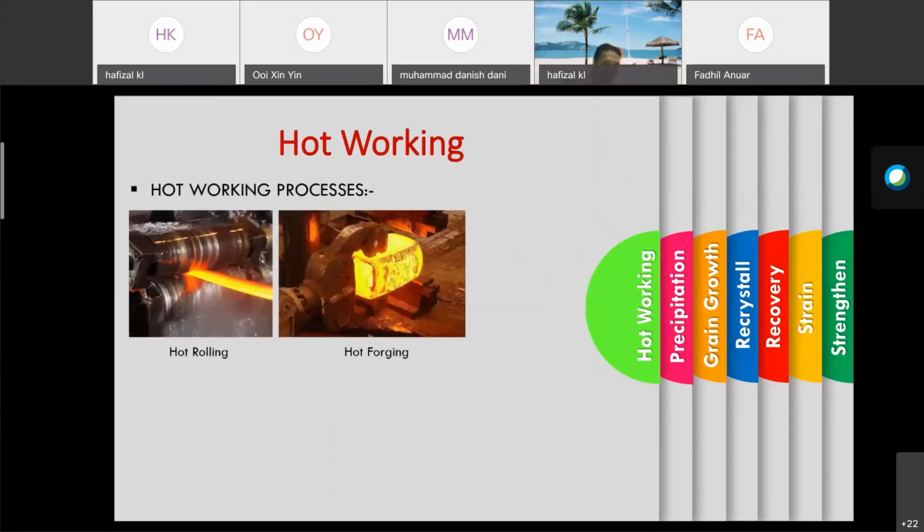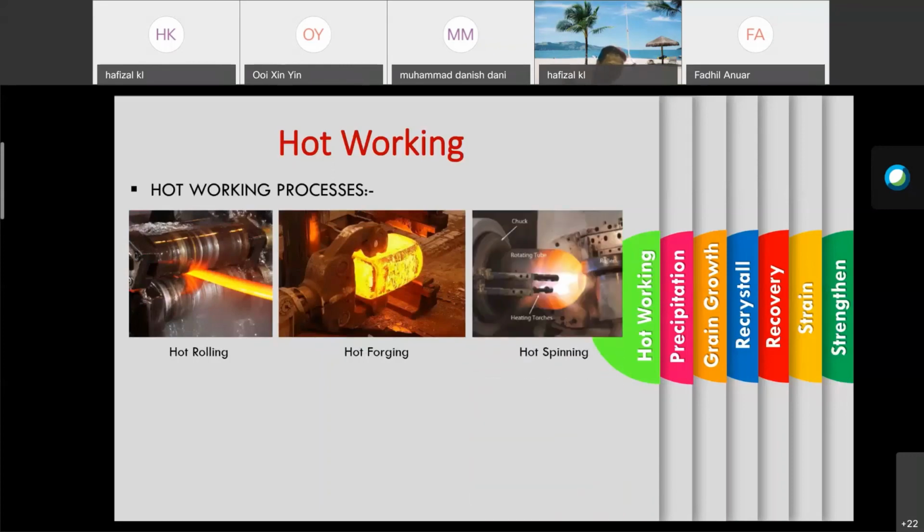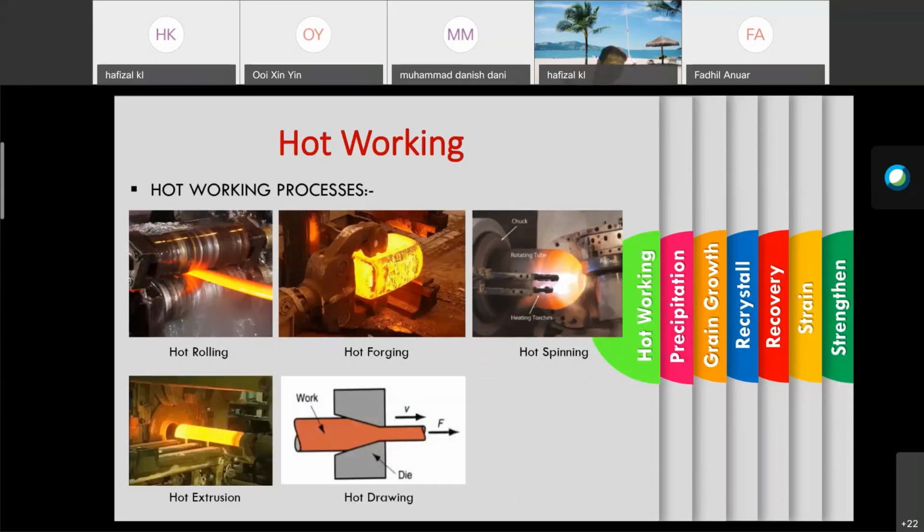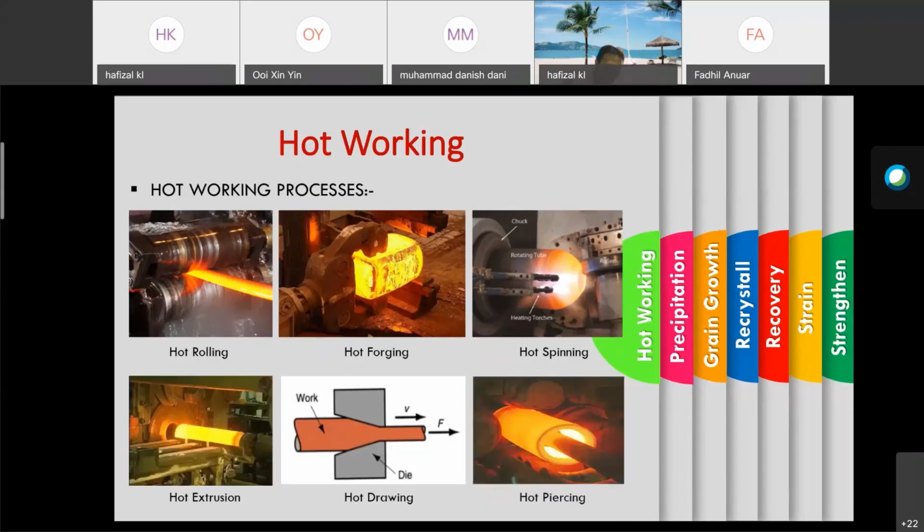For the hot working process, some examples are hot rolling, forging, and hot spinning. These are related to the hot working process, as are hot extrusion, hot drawing, and hot piercing.